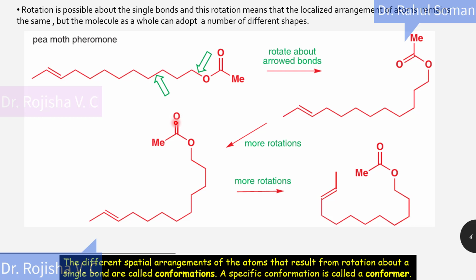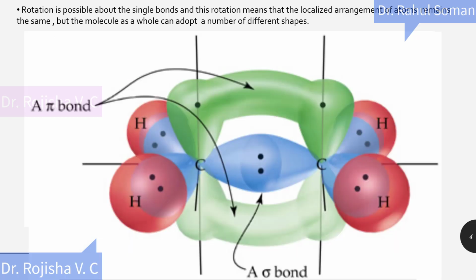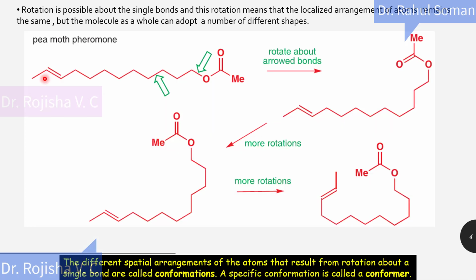These are possible because of the free rotation about a single bond. Earlier we discussed the C=C double bond rotation, no? A C=C double bond always has restricted rotation. Here also, there is a double bond in this pheromone, and it is always in its trans form, where the hydrogens are located opposite to each other. In all conformations, it is in the trans form only.